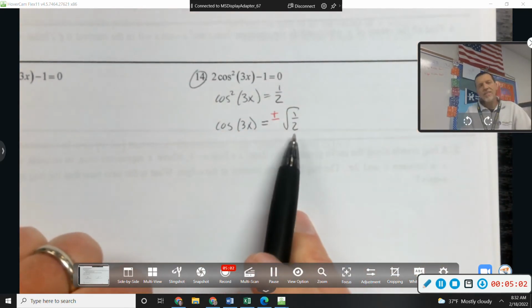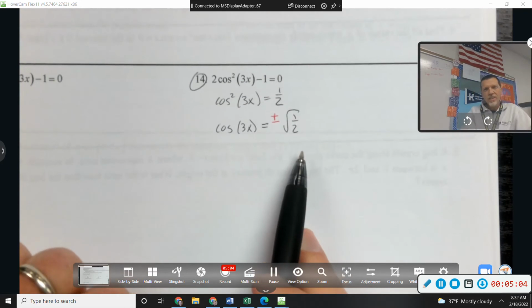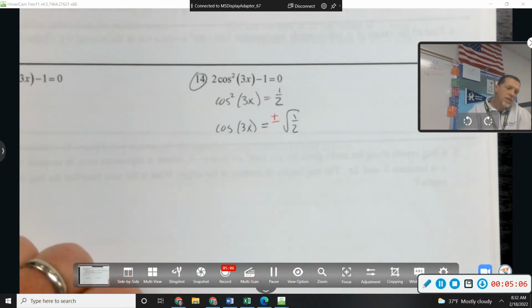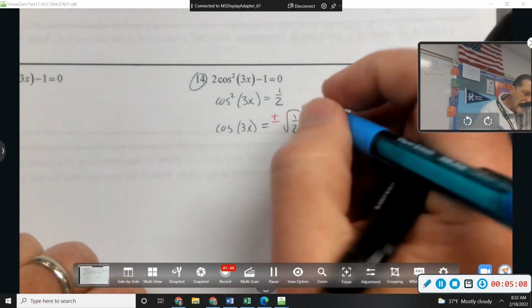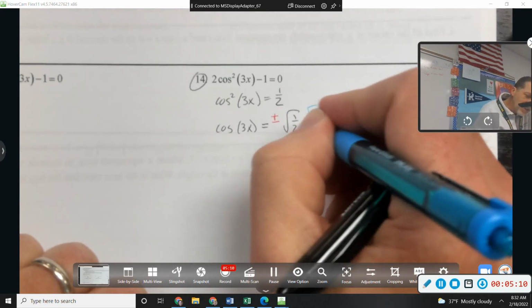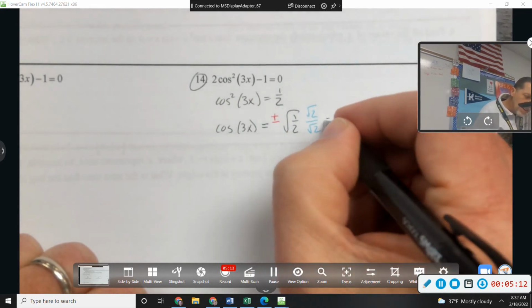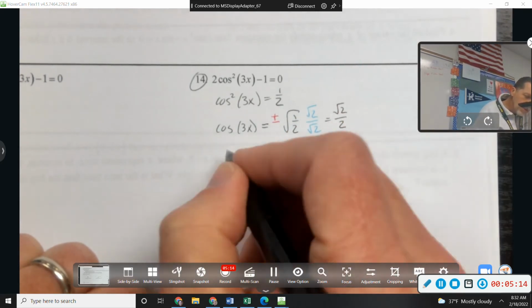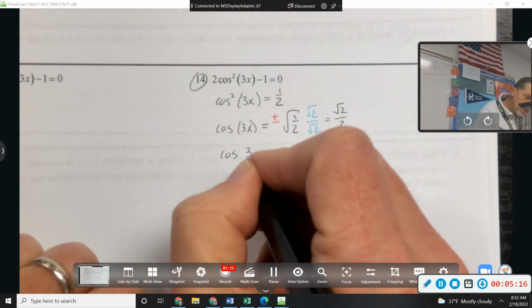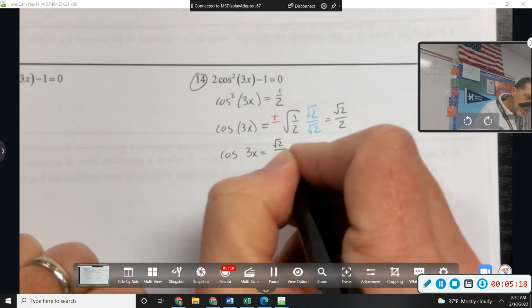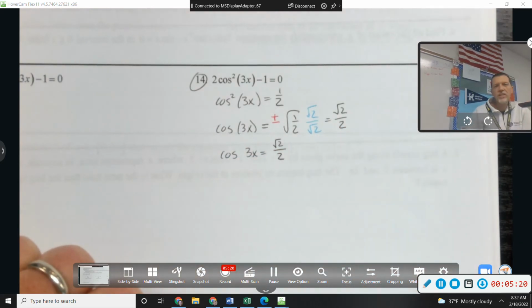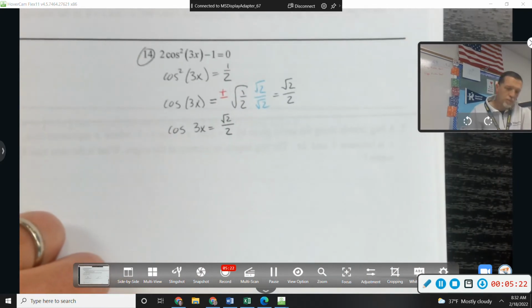Square root of 1/2 doesn't look like a unit circle value though, but I need to fix it. And if you've done enough of them, you know what the fix is even before writing it out. Root 2 over 2. So cosine of 3x equals root 2 over 2. Oh, plus or minus.